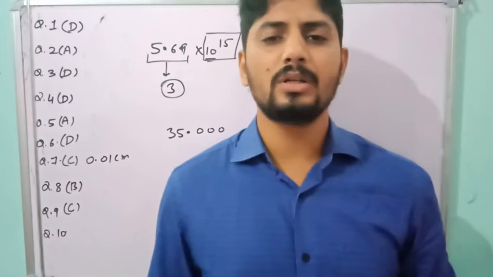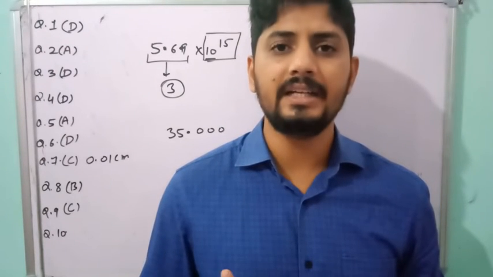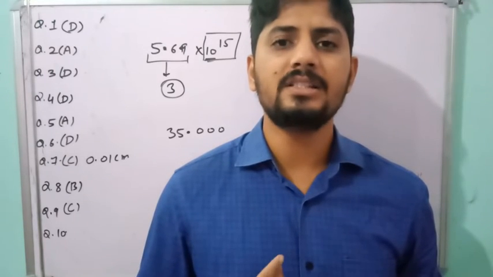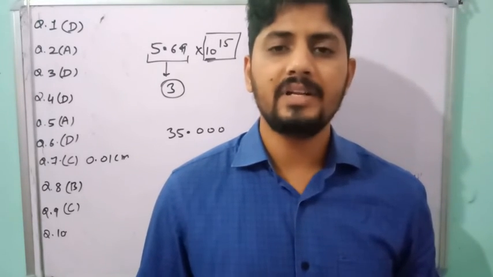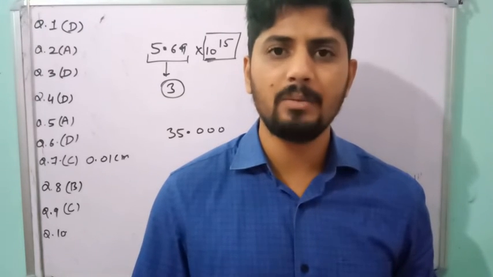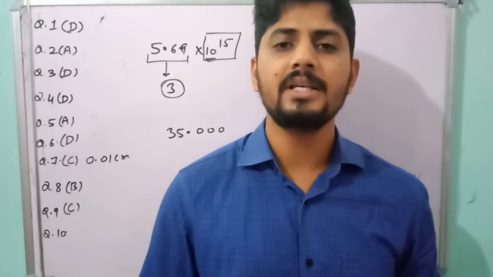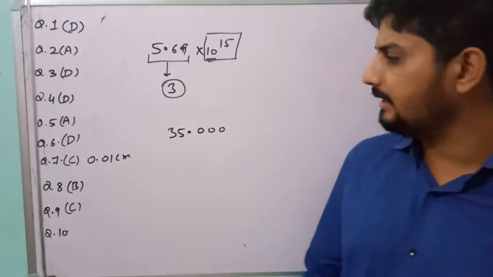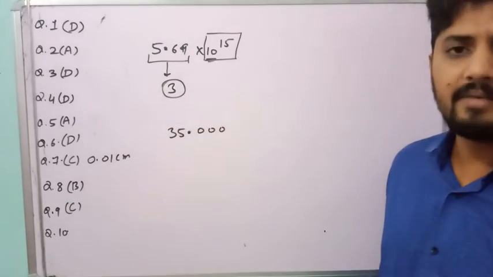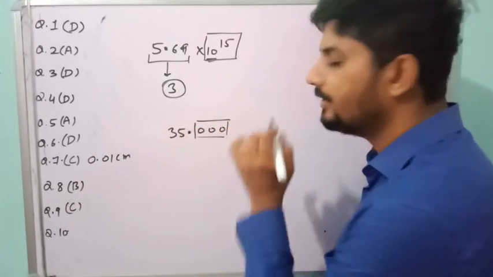If a number is not considering a decimal point, then all the trailing zeros are considered non-significant. And if a number has a decimal point, then all the trailing zeros are considered significant. Here you can see the number has a decimal point, so all the trailing zeros are significant.